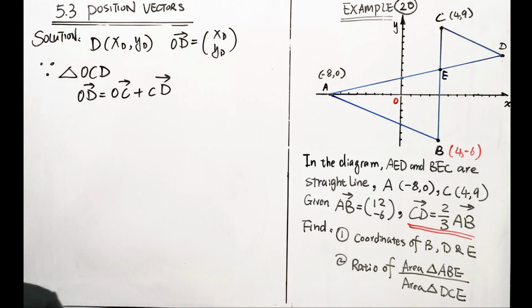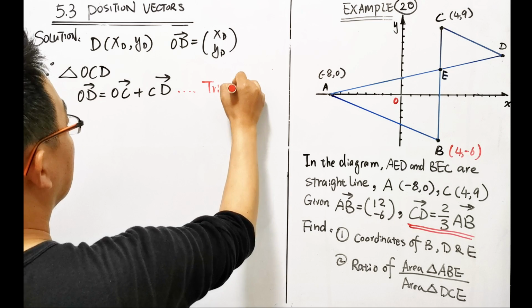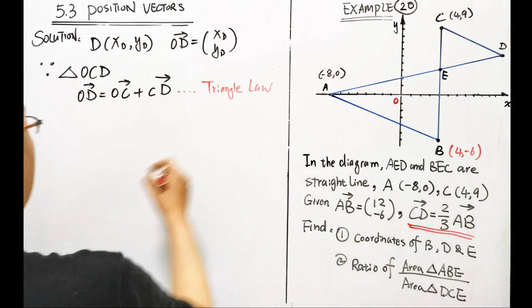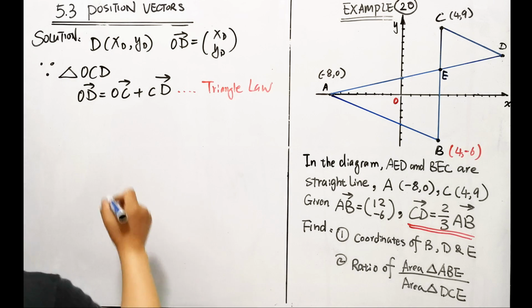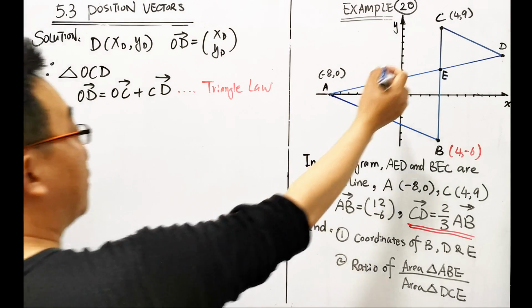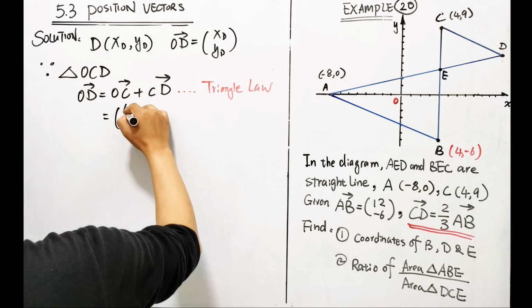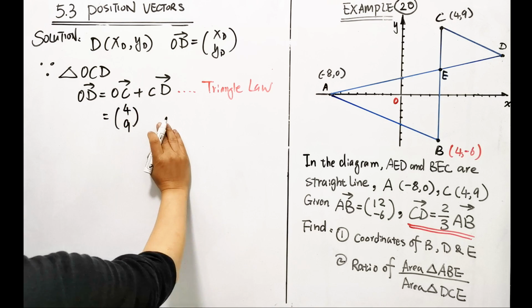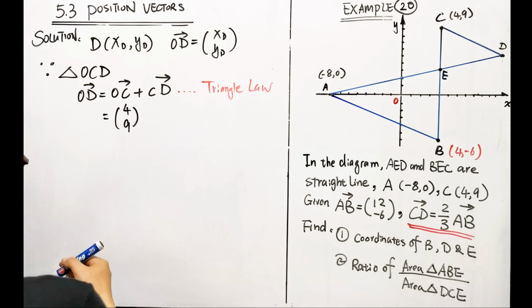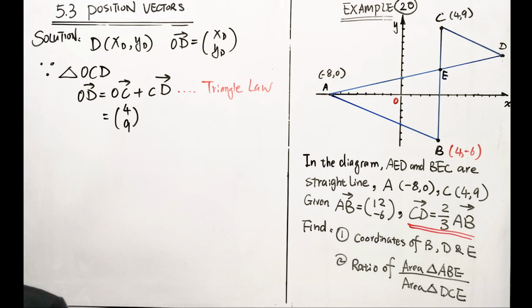Again, we use the triangle. So just bring the OC. We already know the OC. OC is 4, 9. So what's the CD?